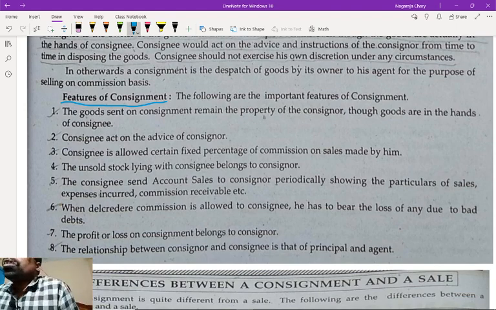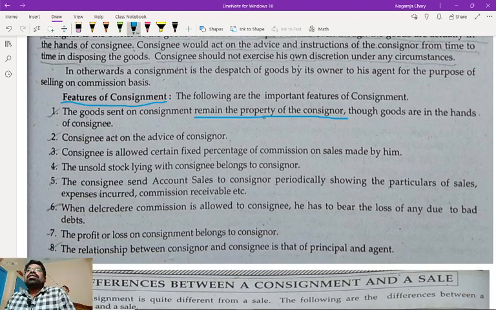First, number one, the goods sent on consignment remain the property of the consignor, though the goods are in the hands of the consignee. Whatever goods are sent to the consignee on consignment, the owner of those goods is the consignor.